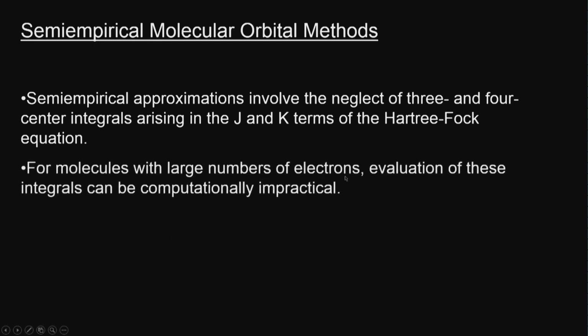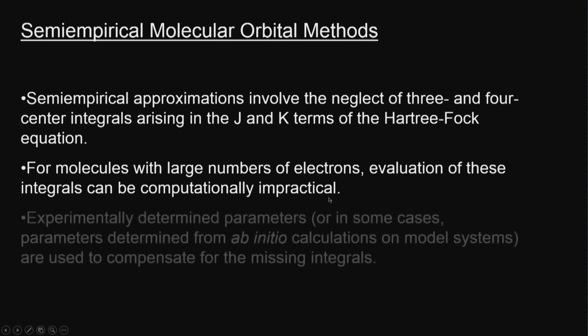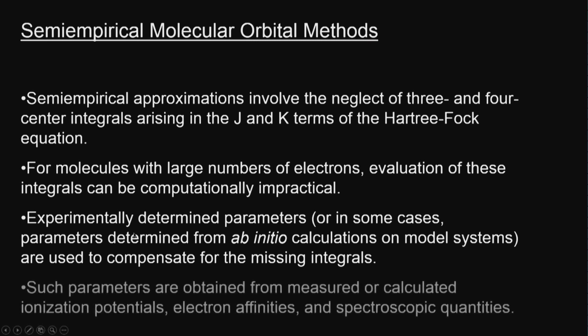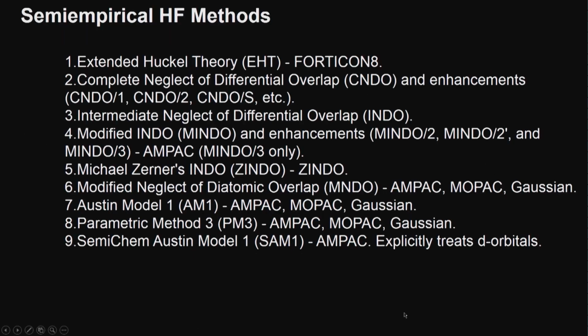For molecules with a large number of electrons, evaluating these integrals can be very computationally challenging. So experimentally determined parameters, or sometimes from ab initio, compensate for the missing 3 and 4 center integrals. Okay. So they can be obtained from measured or calculated ionization potentials, electron affinities, spectroscopy and so on.